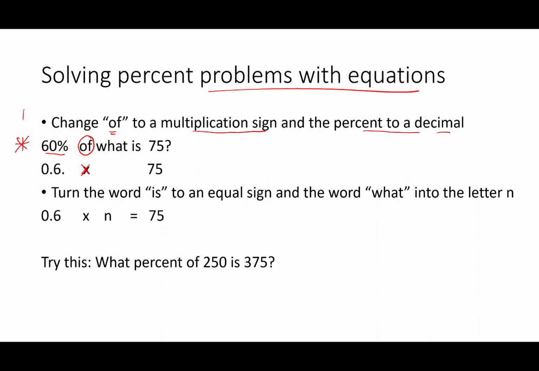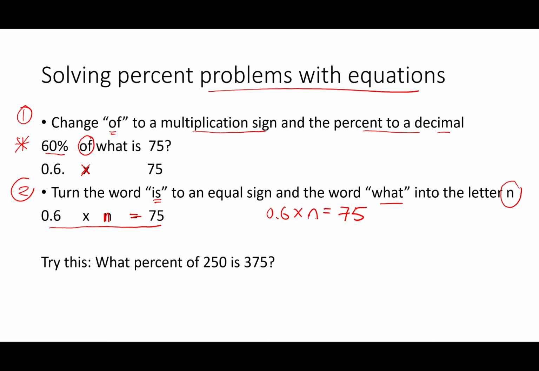The second step is to turn the word "is" into an equal sign, and the word "what" into a letter n. The letter n represents something that we don't know. So we end up with the equation 0.6 times n equal to 75.